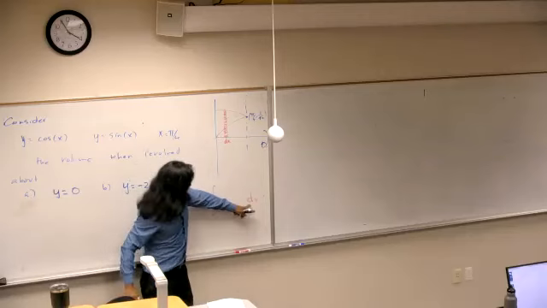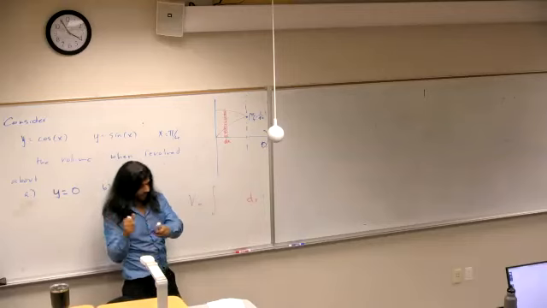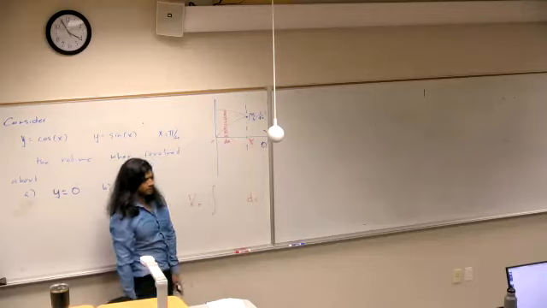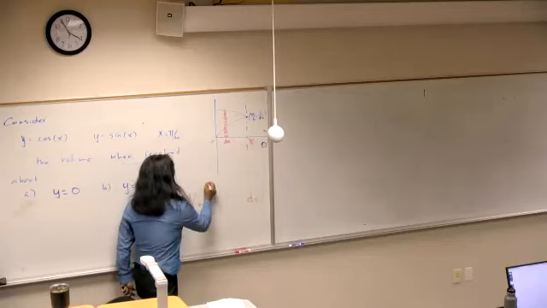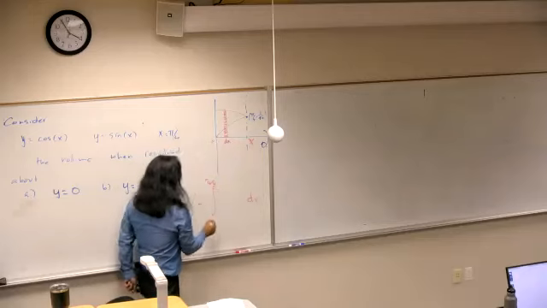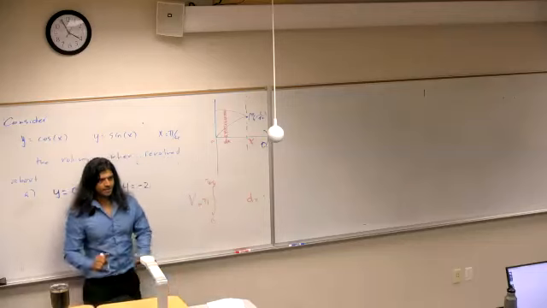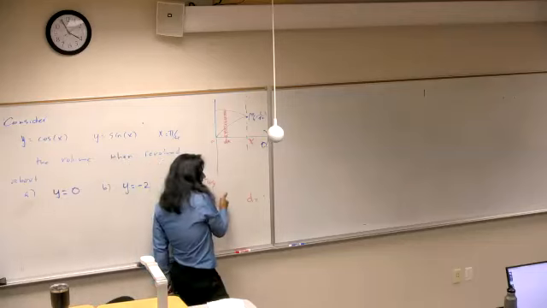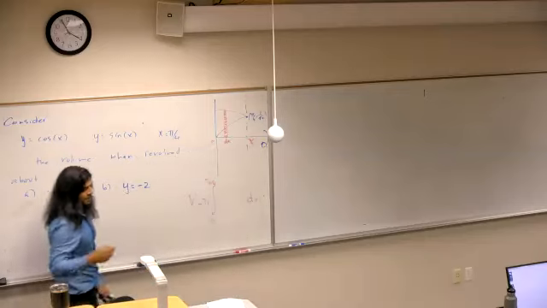Since it is dx, the limit must be in x. Good. So from 0 all the way up to pi over 4. Good. Make the same mistake twice. And pi outside. Good. All we have to do is find the outer radius, find the inner radius, subtract.